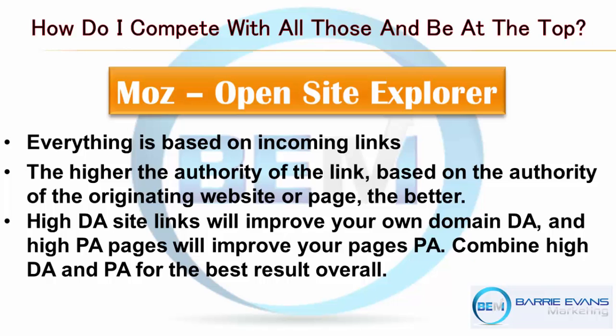So the higher the combined result of domain authority and page authority you get from a site linking to yours, the better, and you will get the best results overall. And it will also impact in a positive way your own site's PA and DA.